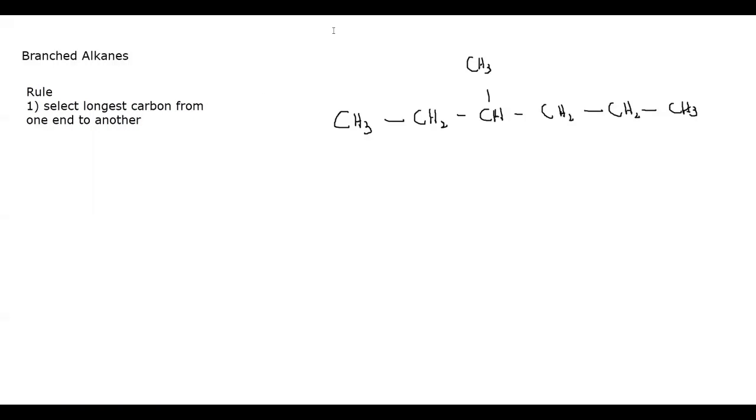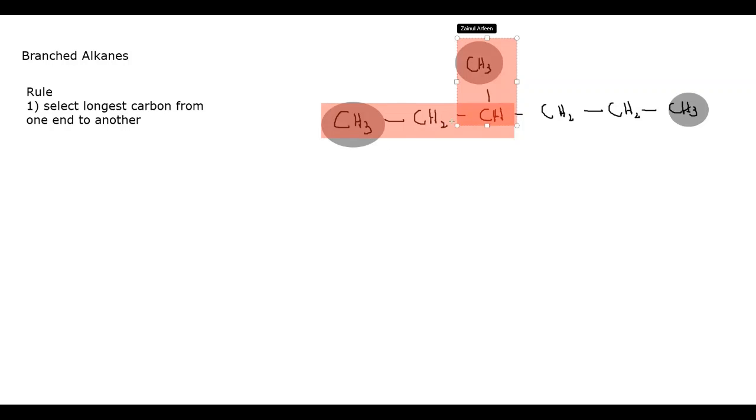Now this one is 1, 2, and this one is 3rd. What I have to do, I have to select the longest chain of carbon, the one which has the highest number of carbons. So example, if I select the red part, the red shade is representing a carbon chain, and I have to select from one end to another. So if I select this as my longest chain, how many carbon atoms are coming in this chain? 1, 2, 3, 4 only. From one end to another, you have to select the carbon chain. If I select from this one, 1, 2, 3, and 4 are coming.